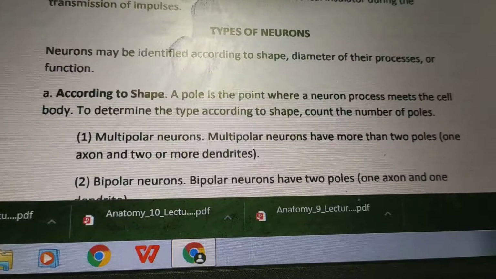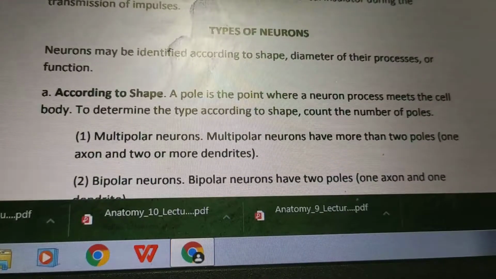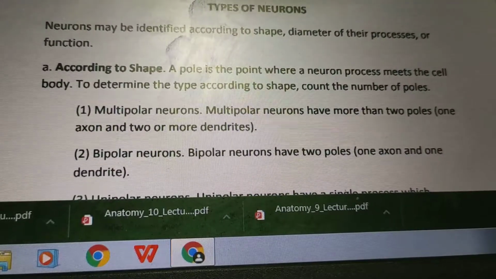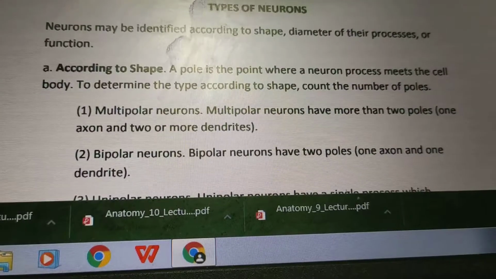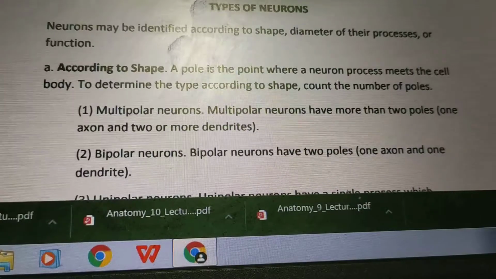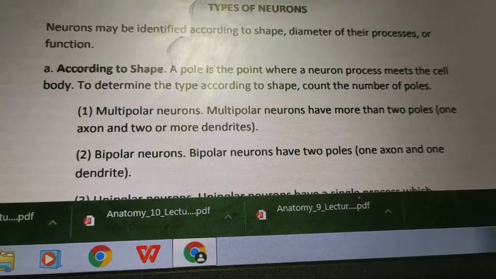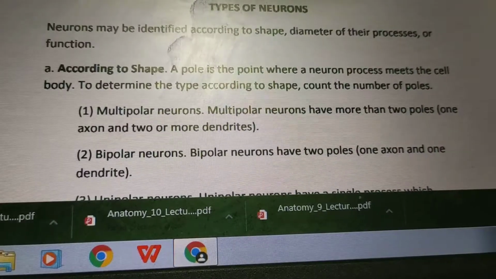Types of neuron. Neurons may be identified according to shape, diameter, process, and function. According to shape, a pole is the point where a neuron process meets the cell body. To determine the type according to shape, count the number of poles. Multipolar neurons have more than two poles: one axon, two or more dendrites.